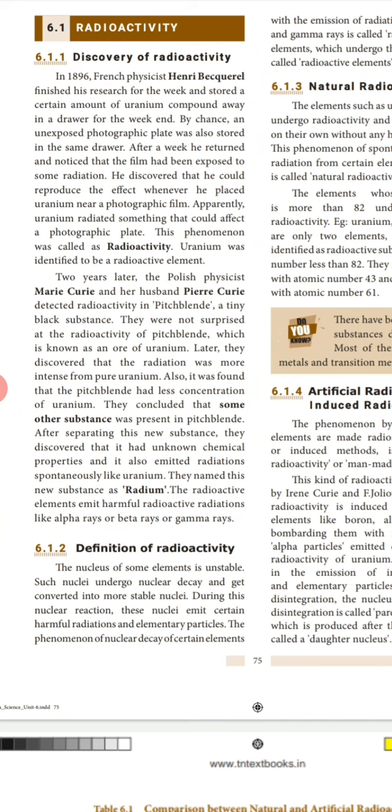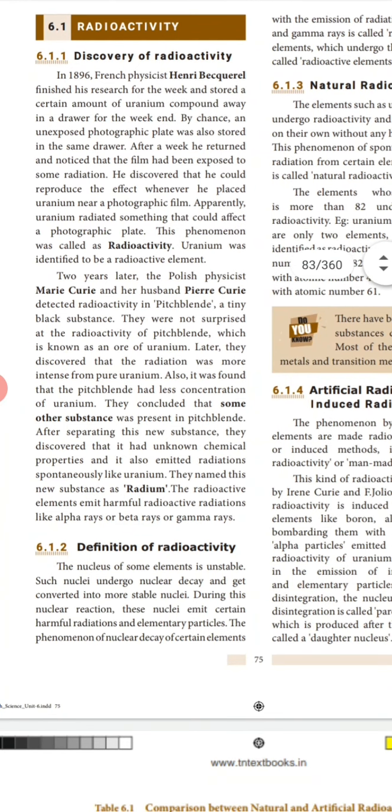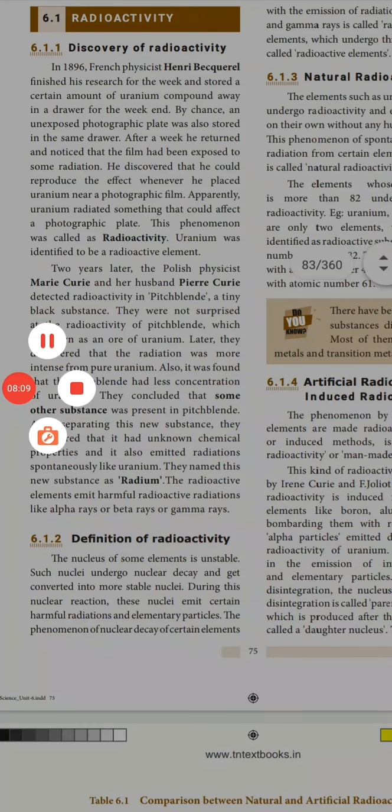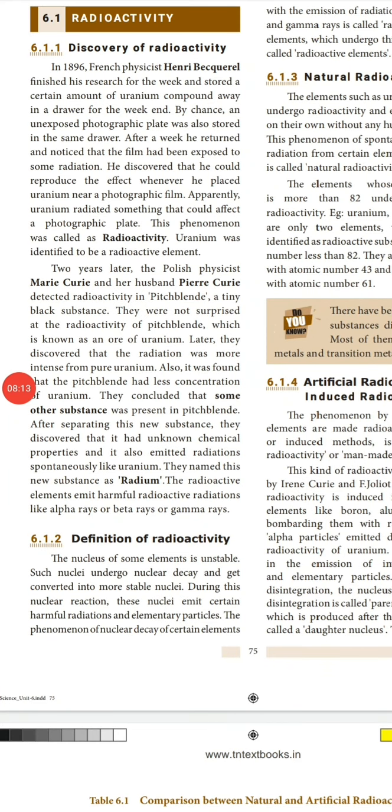After that, 2 years later, Marie Curie and Pierre Curie took pitchblende. Pitchblende is the ore of uranium.